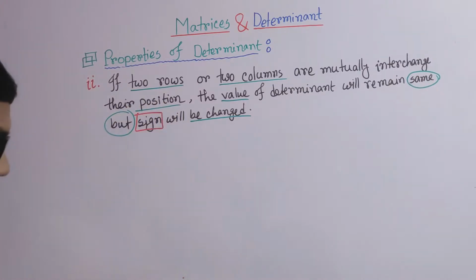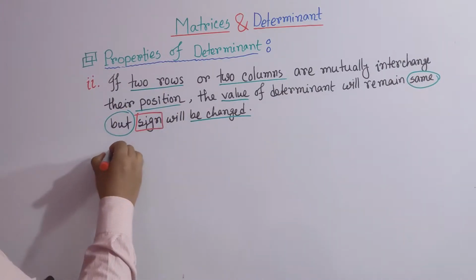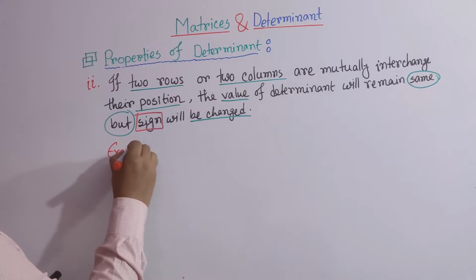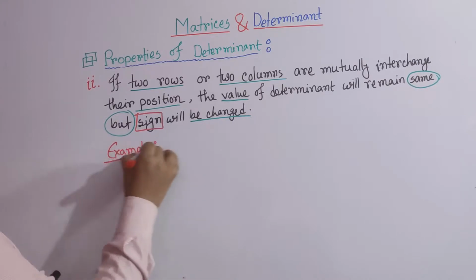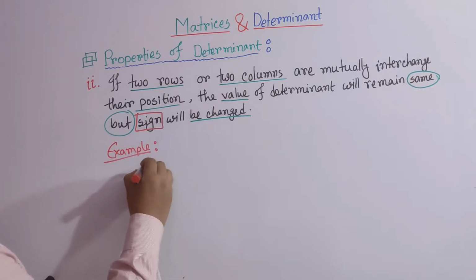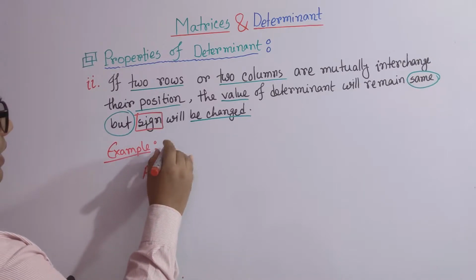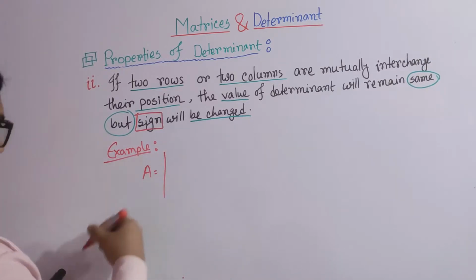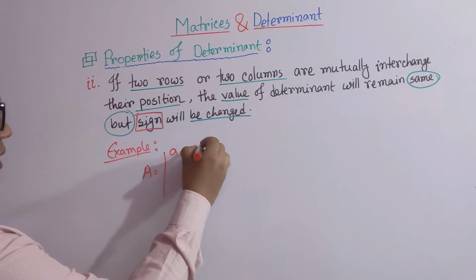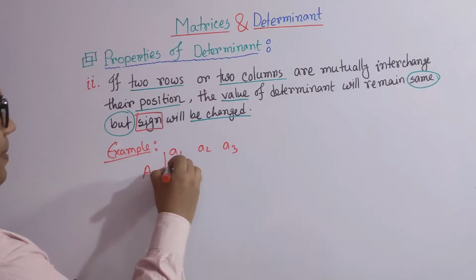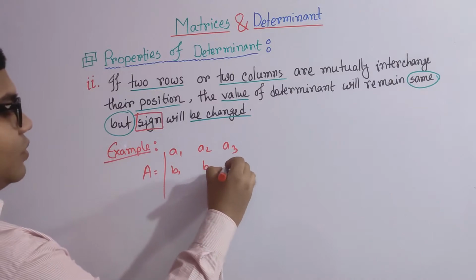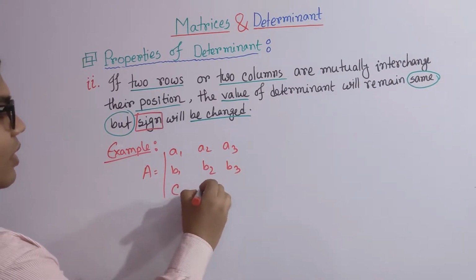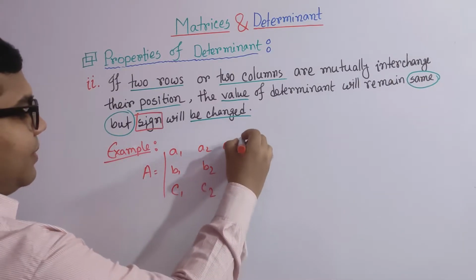So have a look at an example. Suppose A looks like A1, A2, A3, B1, B2, B3, C1, C2, C3.